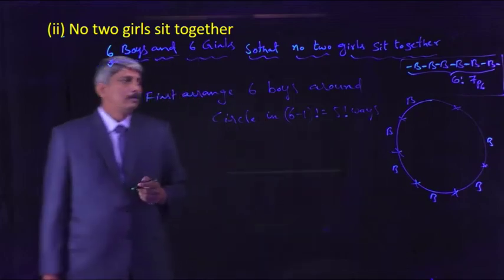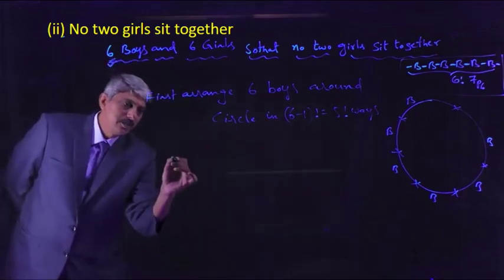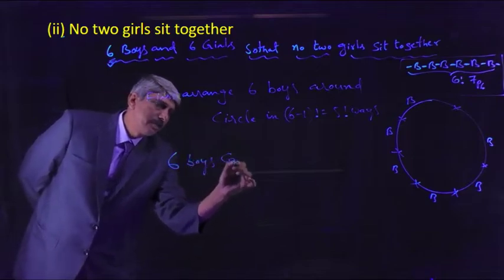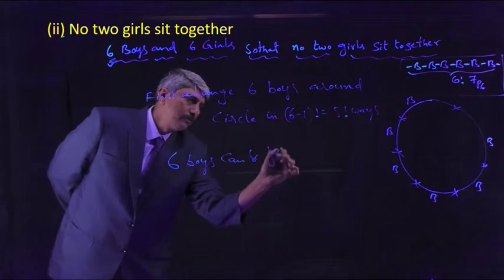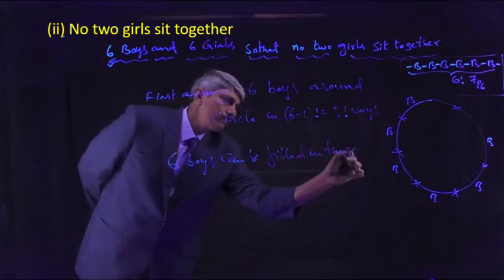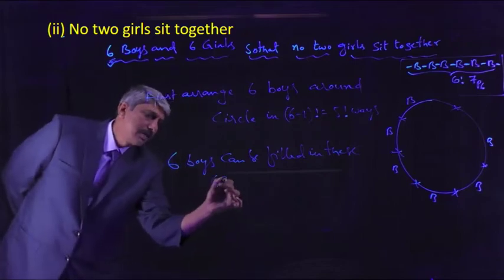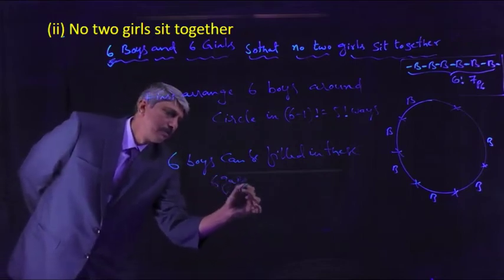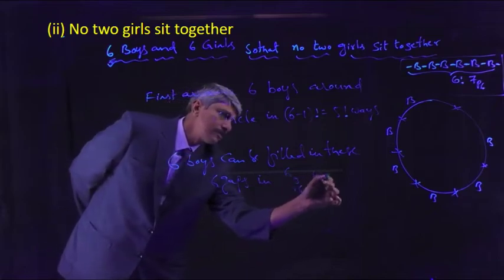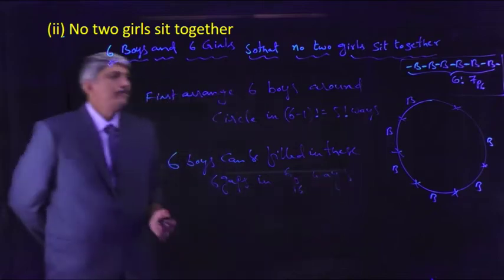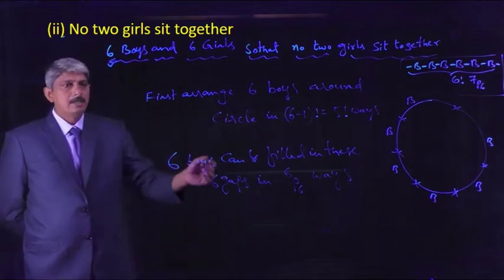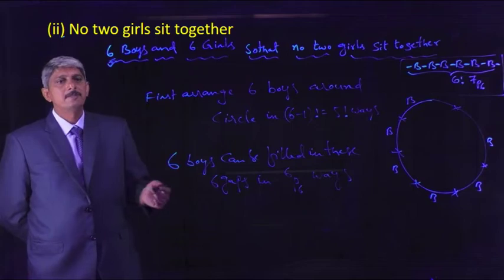Okay, now 6 girls can be filled in these 6 gaps in 6p6 ways. Okay, there are two operations. The first operation is 5 factorial ways, the second operation is 6p6 ways.